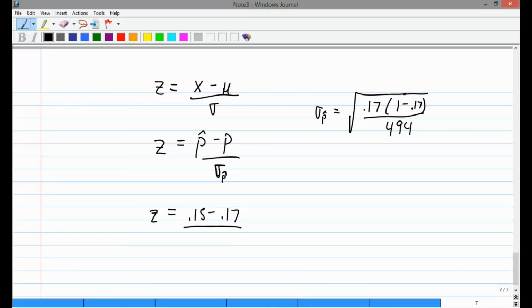Let me calculate that real quick. It's 0.17 times 0.83 divided by 494, and then we take the square root of that. I have 0.016900519.